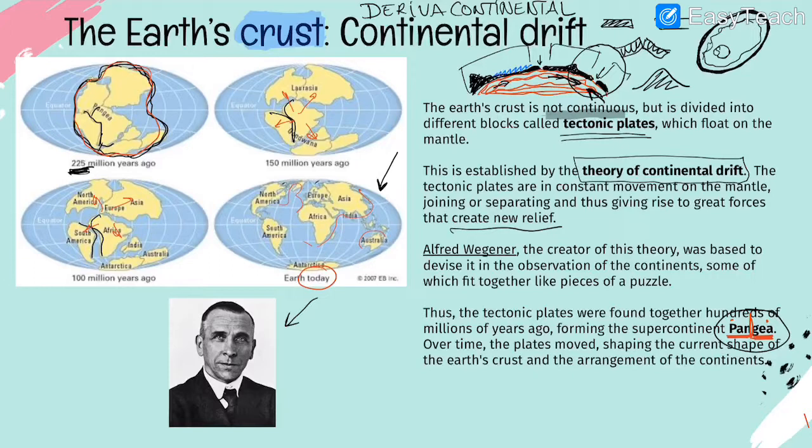But remember that the tectonic plates are always in movement. So we don't know, or you can imagine, millions of years in the future, this will not be our map. This will be different because all the continents nowadays are also in movement. So, well, that's all.